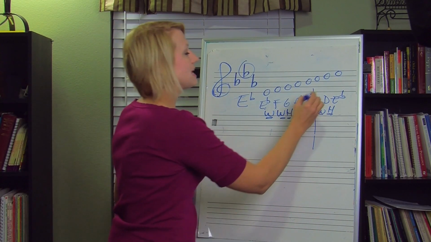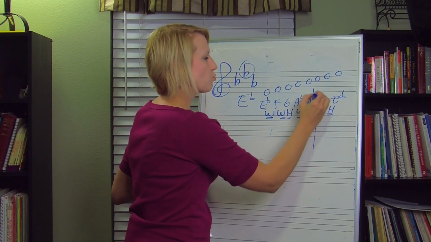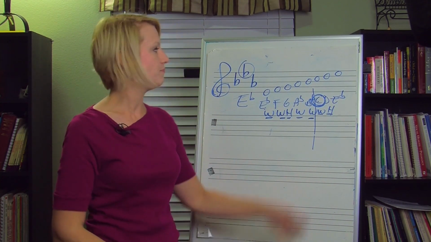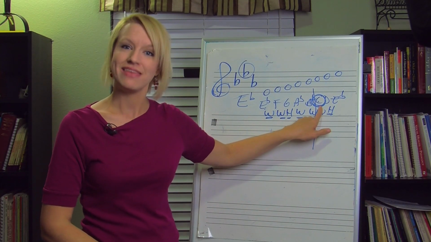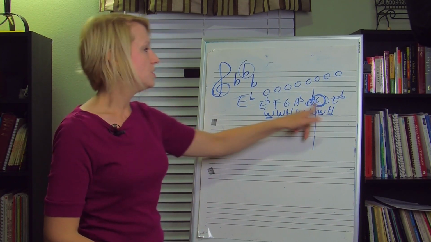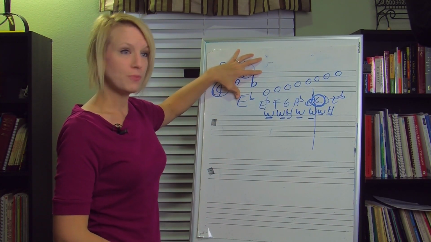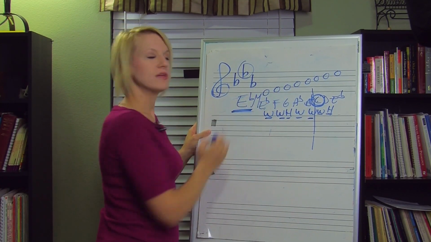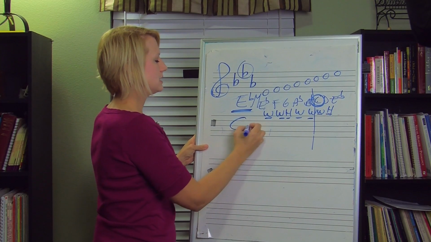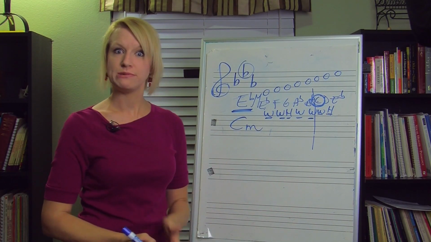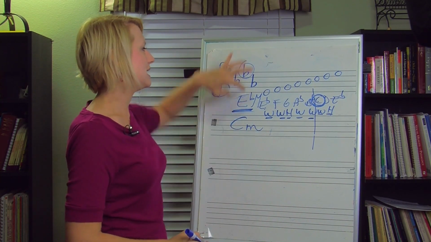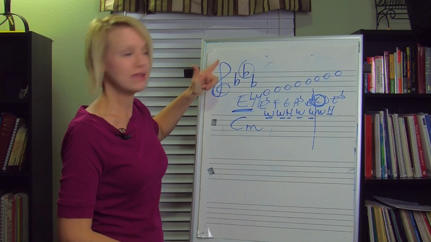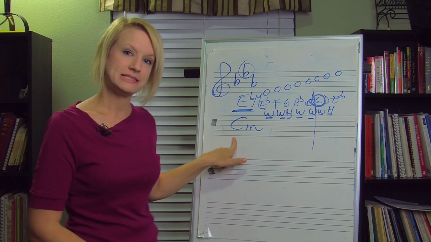So that means that the relative minor key of every major is the same thing as the 6th scale degree. So this key signature here either represents E flat major, and you would usually notate that with a capital M, or C minor, which you'll often see with a lowercase m. Again, key signature looks the same. The song could be in E flat major, or the song could be in C minor.